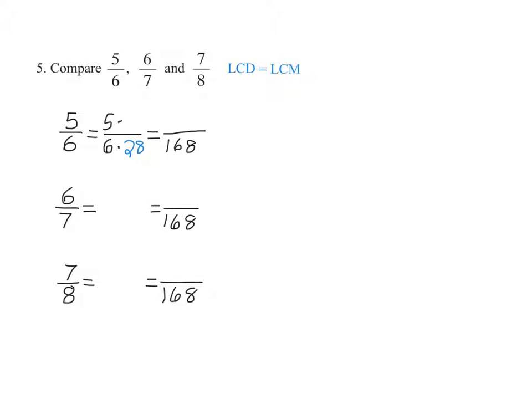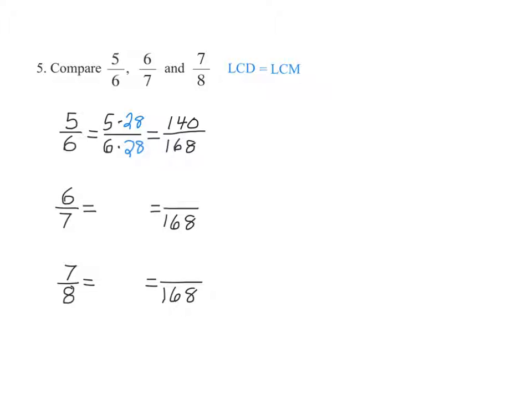And since we multiply the bottom by 28, we have to multiply the top by 28. And 5 times 28 is equal to 140. Therefore, the equivalent fraction of 5/6 with a denominator of 168 is 140/168.